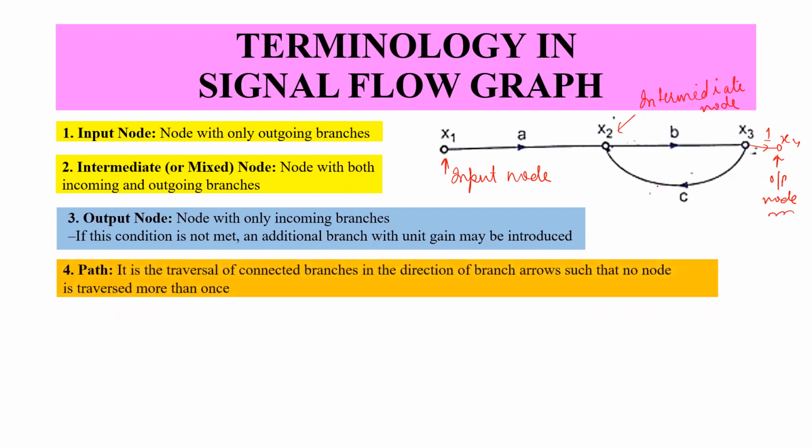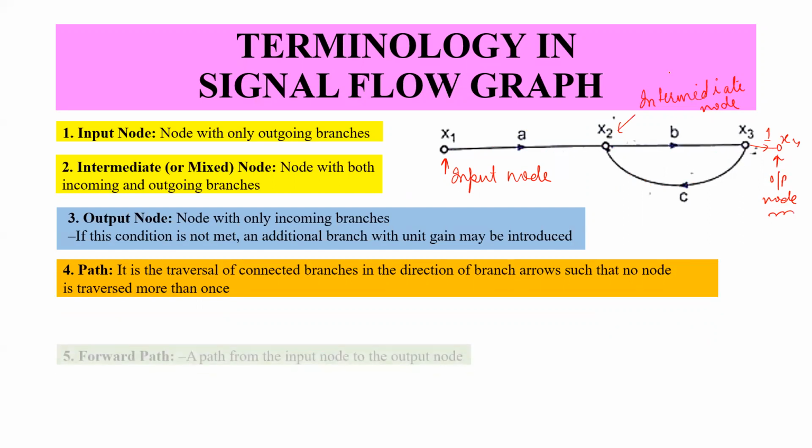Then the path. A path is the traversal of connected branches in the direction of arrows, such that no node is traversed more than once. So this is the path, x1 to x2, then from x2 to x3.